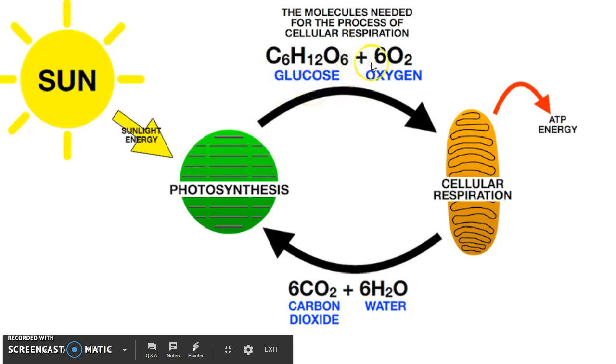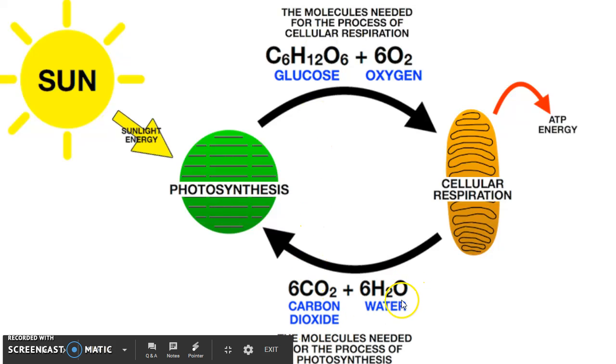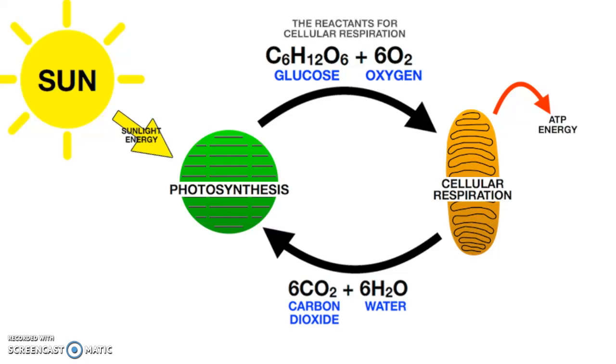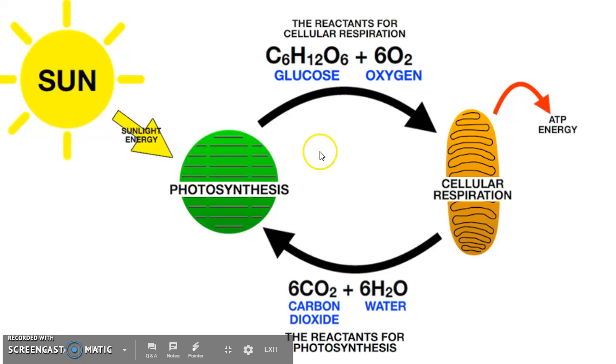Well, glucose and oxygen are the molecules needed for the process, and so are carbon dioxide and water, except they're not needed for cellular respiration, but instead the process of photosynthesis. Glucose and oxygen are also the reactants for cellular respiration, and the reactants for photosynthesis are carbon dioxide and water.